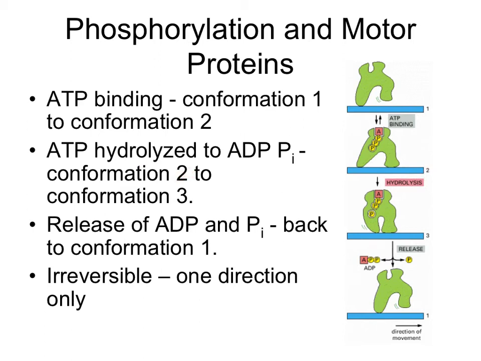Once ATP is hydrolyzed into ADP and phosphate, you go from conformation 2 to conformation 3. And so now you have one leg down, then both legs down, and then this leg moving in. And then when it releases, you go back to the state of 1. And it's irreversible and going in one direction.